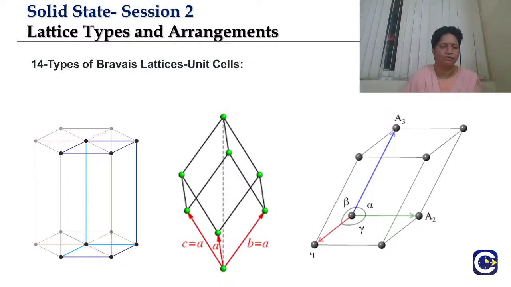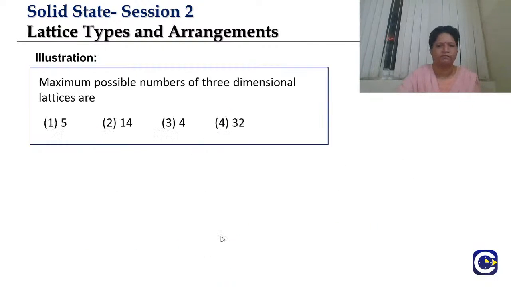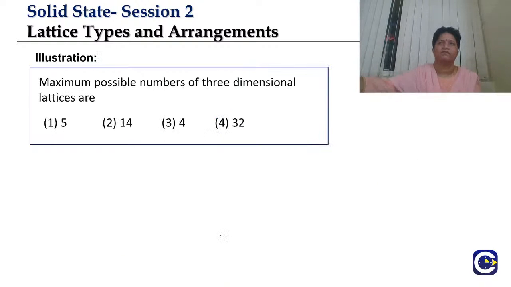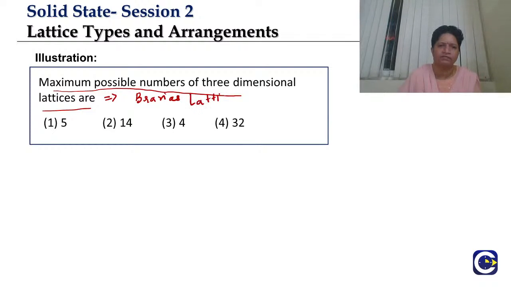So these are the different types of crystal systems. The question is about the maximum possible number of 3-dimensional lattices, with respect to Bravais lattices.